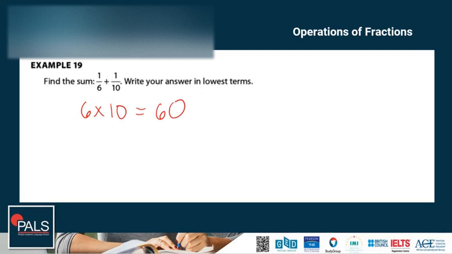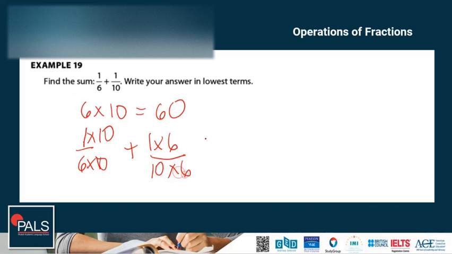6 times 10 is equal to 60. So let's rewrite the fractions with the same denominator. So 1 over 6, this is multiplied by 10, so we need to multiply it by 10 here, plus 1 times 6 over 10 times 6.